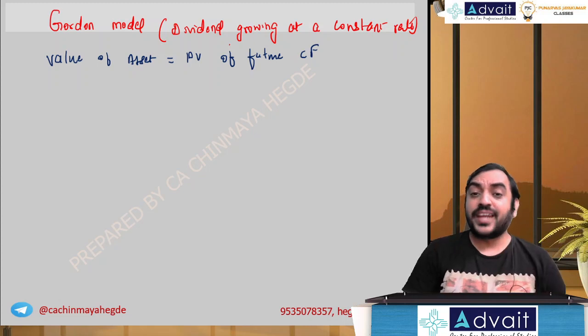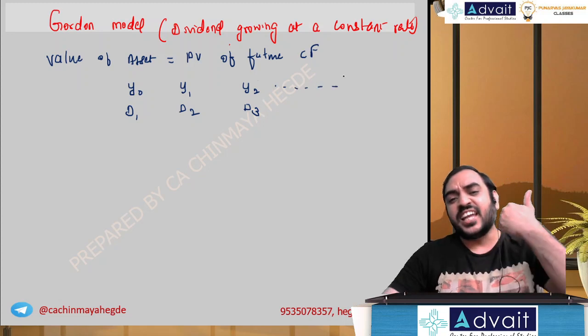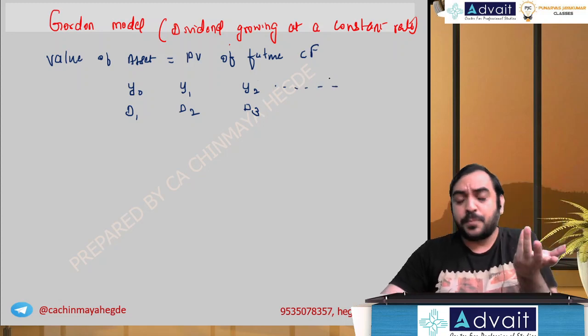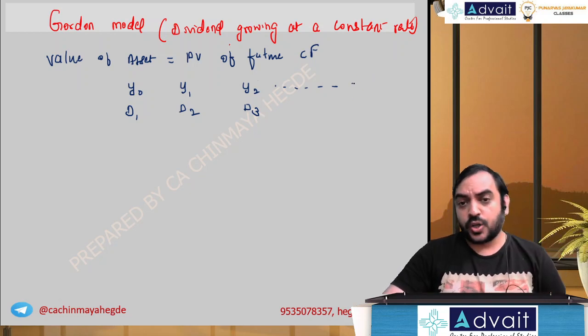What cash flow do you get? Dividend, right? So you have year 0, dividend 1 in year 1, dividend 2 in year 2, dividend 3, and so on forever, to infinity, because the company is perpetual.